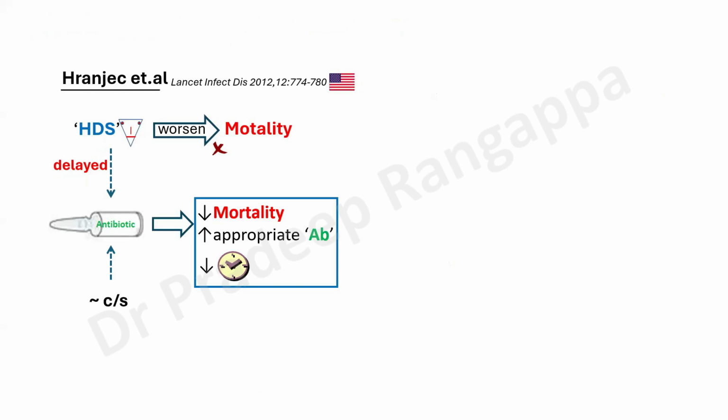On the contrary, in this particular study antibiotics were used after the culture, but this is in hemodynamically stable patients. Using antibiotics after the culture reports come reduced mortality, increased appropriate antibiotic usage, and reduced the duration of antibiotics. So this is possibly in non-ICU settings where patients are hemodynamically stable, where they have said you could wait for the cultures and then take a call whether you would want to start antibiotics, and that has been shown to reduce mortality compared to the ones where you have started empirically.